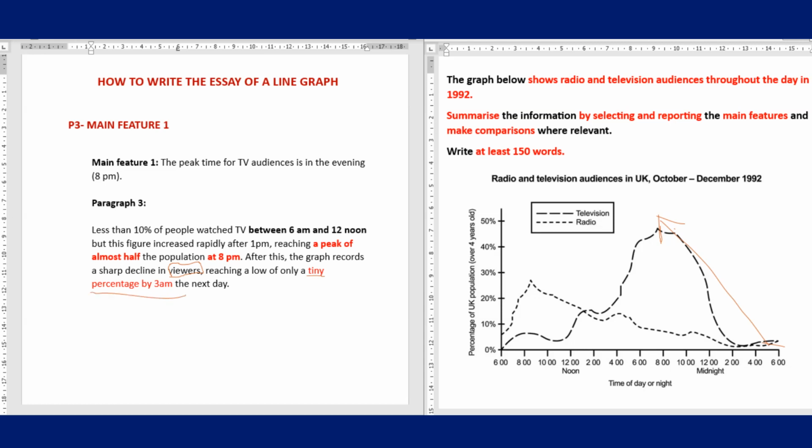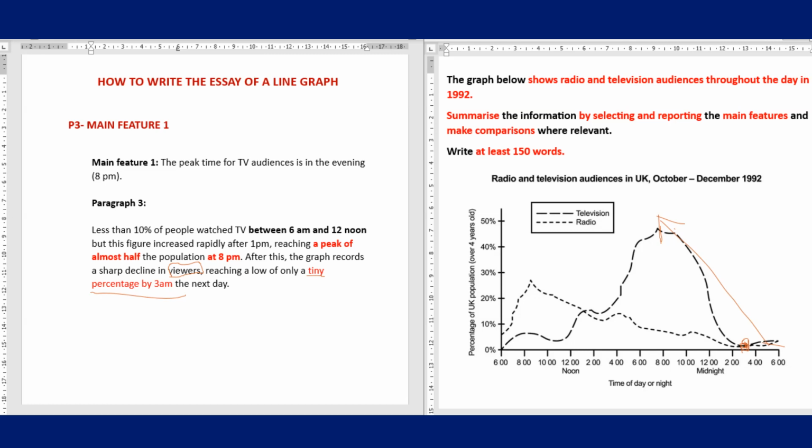So just a small percentage by 3 a.m. the next day. Okay, so you can see from midnight to this one is another day, right? So this is the next day. That's why this 3 a.m. here, just a small percentage of them, just about 2%. So just a tiny percentage, so I can say a small percentage.